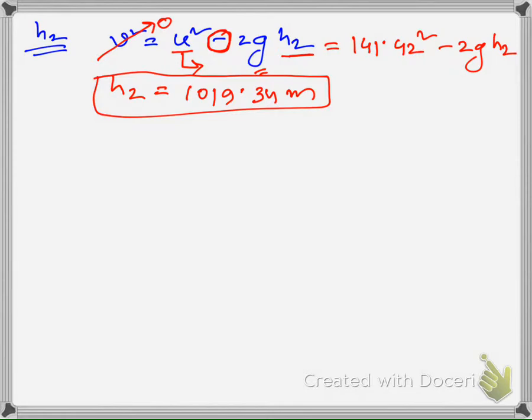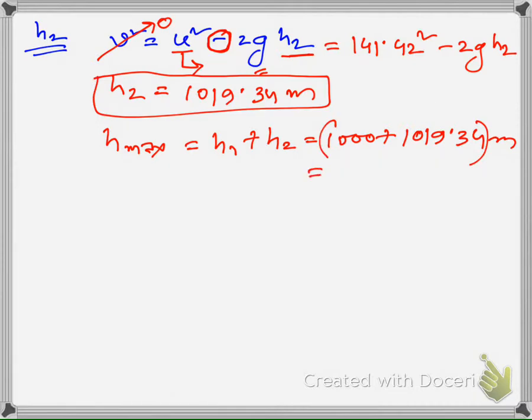So this is h2, and we know h1 is the 1,000 feet, so the maximum height we can find is h1 plus h2, which is 1,000 plus 1,019.34 meter, which will lead us to 2019.34 meter.